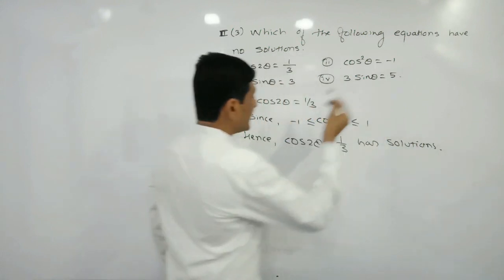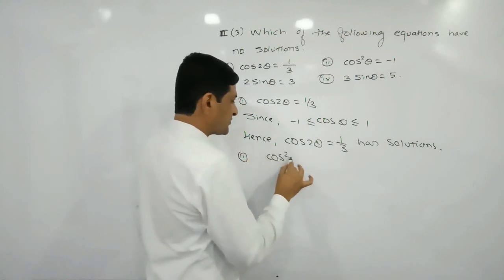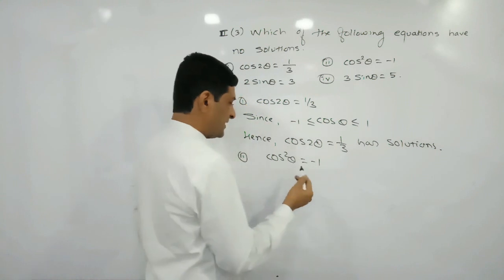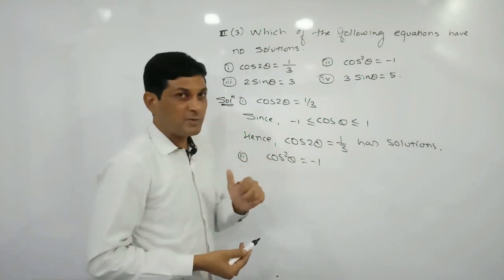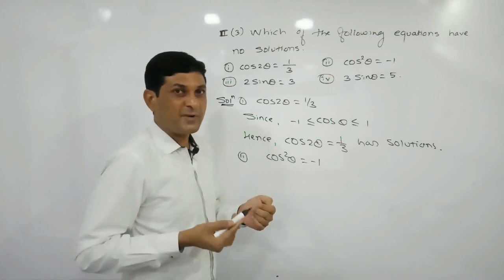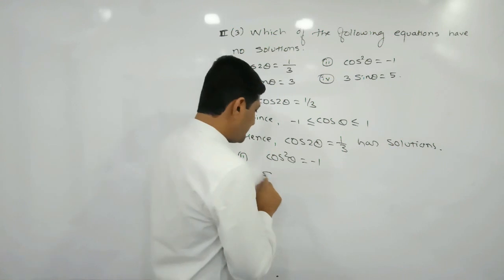Now observe the second equation. In the second equation, the given equation is cos square theta is equal to -1. So here we can easily observe that the value of cos square is negative, but it is impossible because the value of a square is always either 0 or greater than 0. So give the reason here.